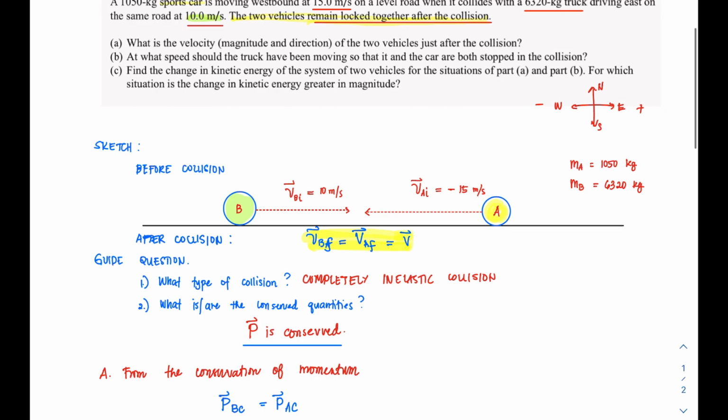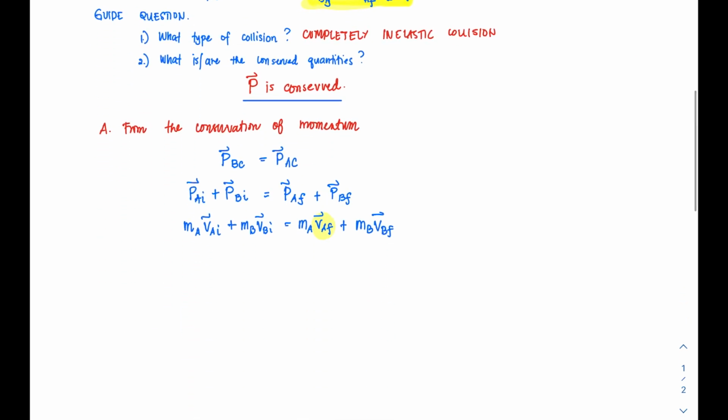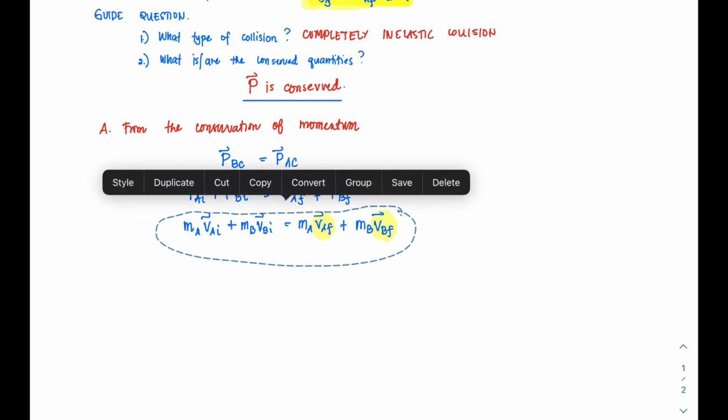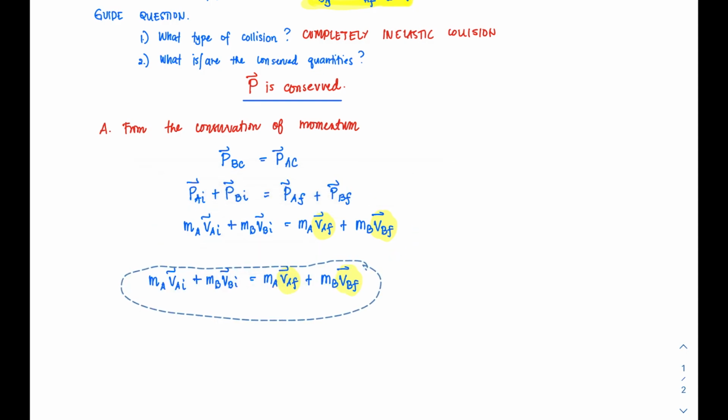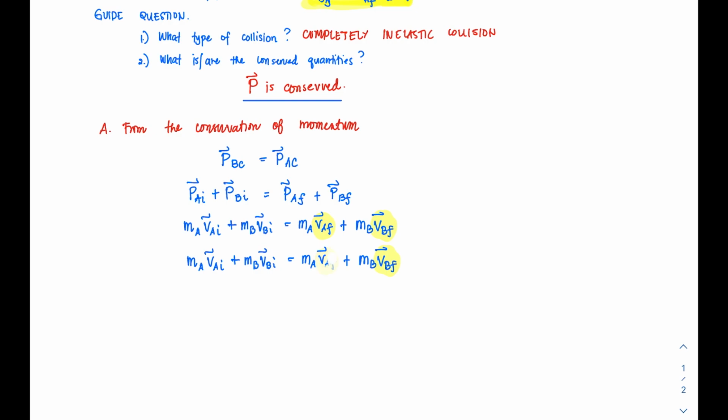So I will just note that as my V without any subscript. That means these terms are equal, so I will just replace them with V.